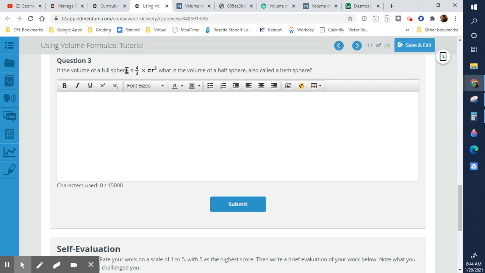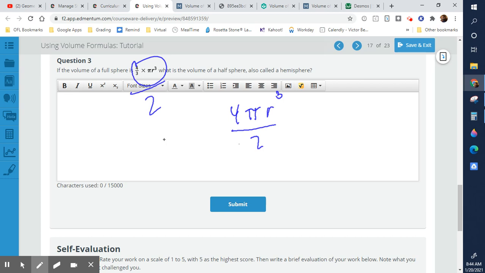If the volume of a full sphere is this, what is the volume of a hemisphere? Half of a sphere. So in other words, we're going to take this volume and divide it by 2. Well, what happens here is you can essentially say that all of this is on the top.